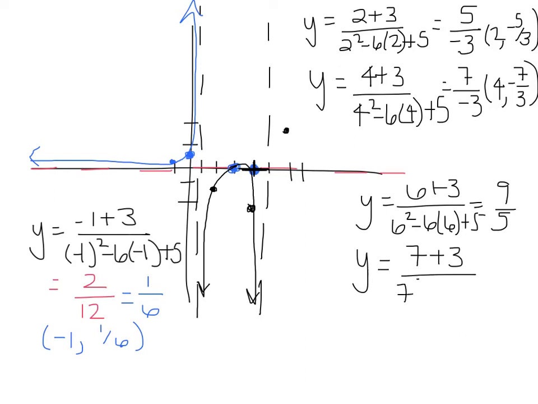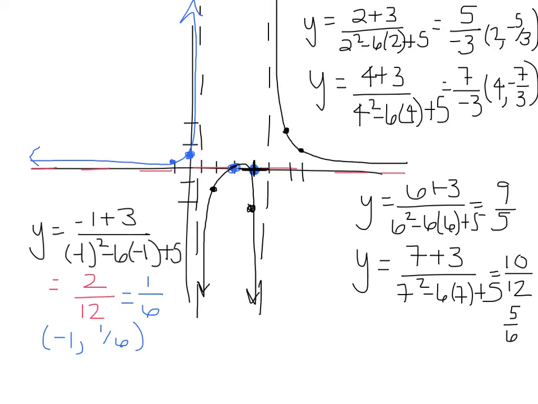So 7 plus 3 on the top gives you 10. 7 squared minus 6 times 7 plus 5 is going to give you 12 on the bottom, which is going to simplify to 5/6. So 5/6 is a little less than 1. Okay, 2 points make your branch. And it looks like this.